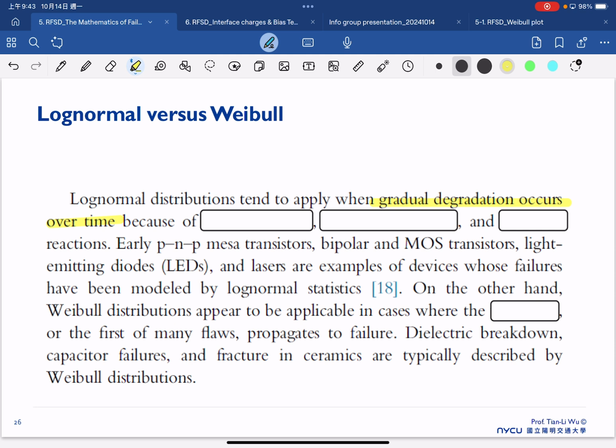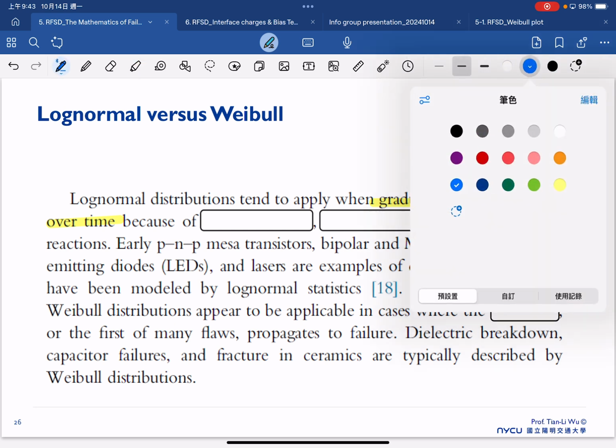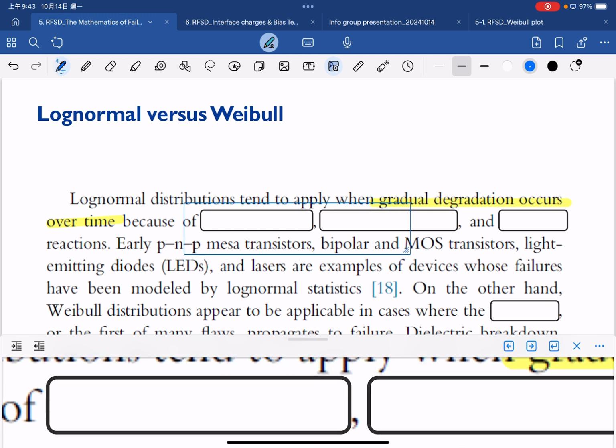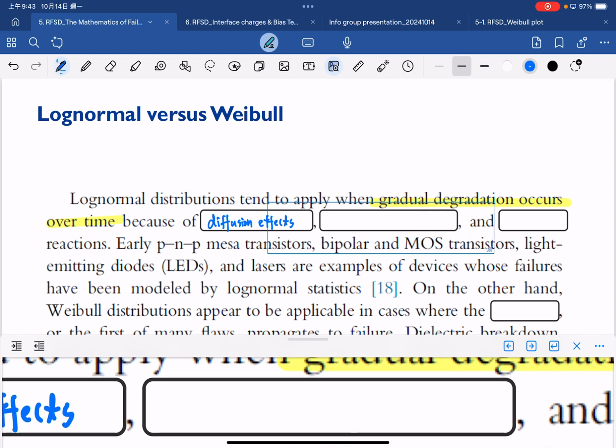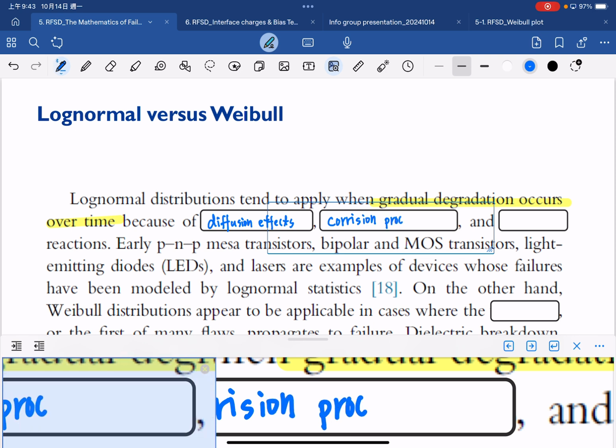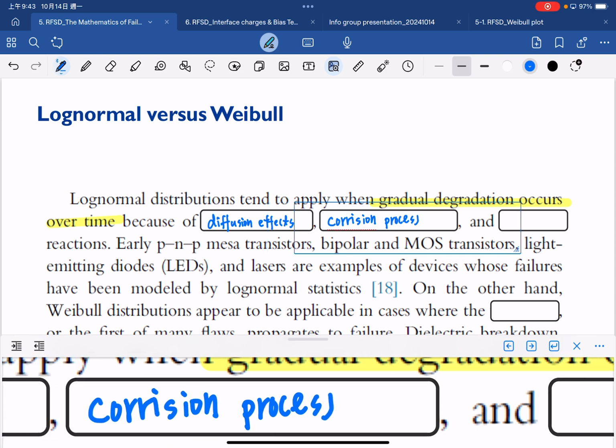For example, this is degradation over time, which is probably due to diffusion effects, or the corrosion process, or a chemical reaction.